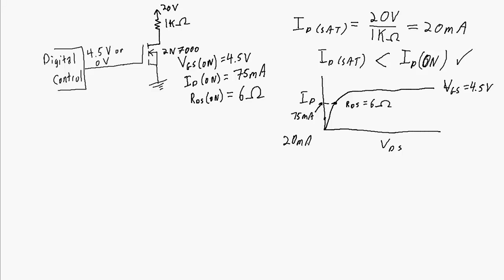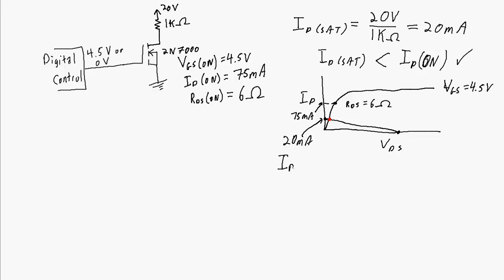We're actually at 20 milliamps here, and that would be one extreme of the load line for this circuit, and the other extreme of the load line would be down here at ID of 0 and VDS of 20 volts. We draw the load line, and this point right here is our actual operating point, and graphically we can see that we are definitely in the ohmic region.